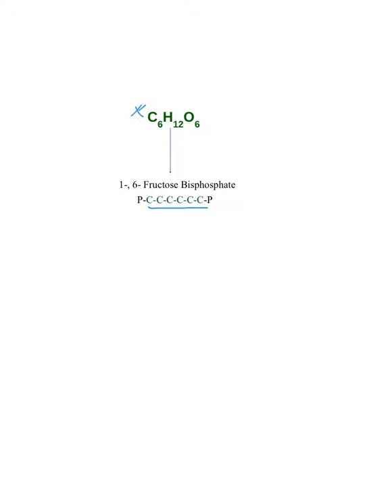To do this, we're going to have to put some energy into it. So imagine 2 ATPs worth of energy going into this system to cause this to occur. Of course, we're going to get 2 ADPs out of it.